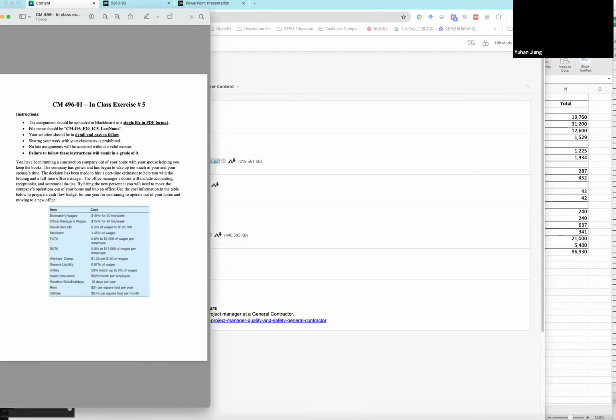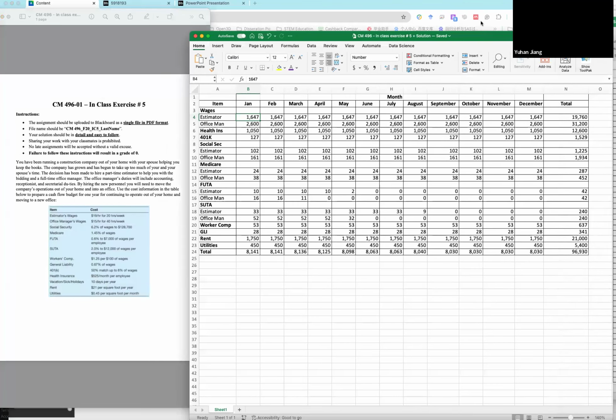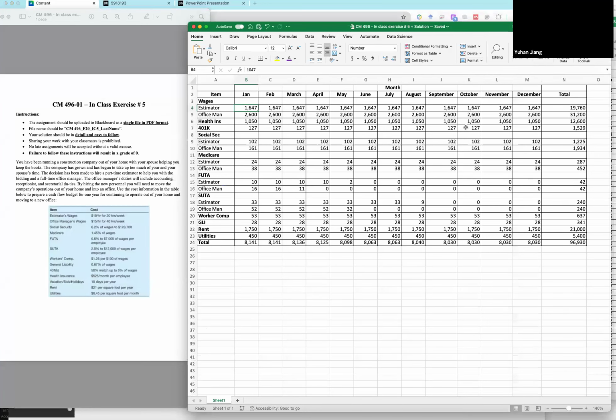So let's take a look at this one. Here is the solution I converted into Excel for easier calculation, and you will do the same thing.